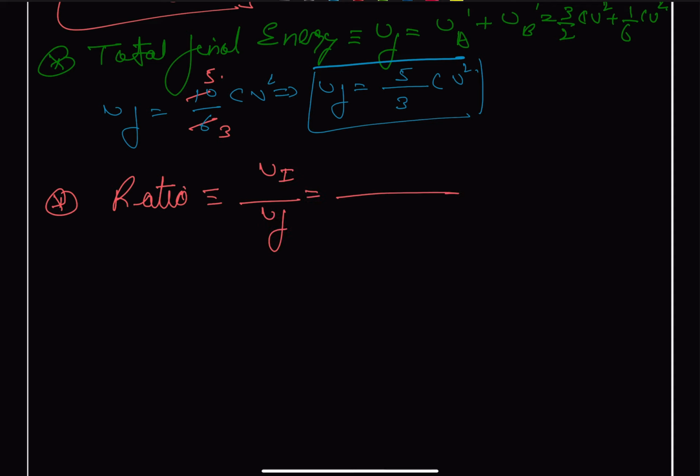Initial energy was CV square, final energy is 5 by 3 CV square. CV square goes away, and this comes as 3 by 5. So this is the ratio of the energies for the respective initial as well as final.